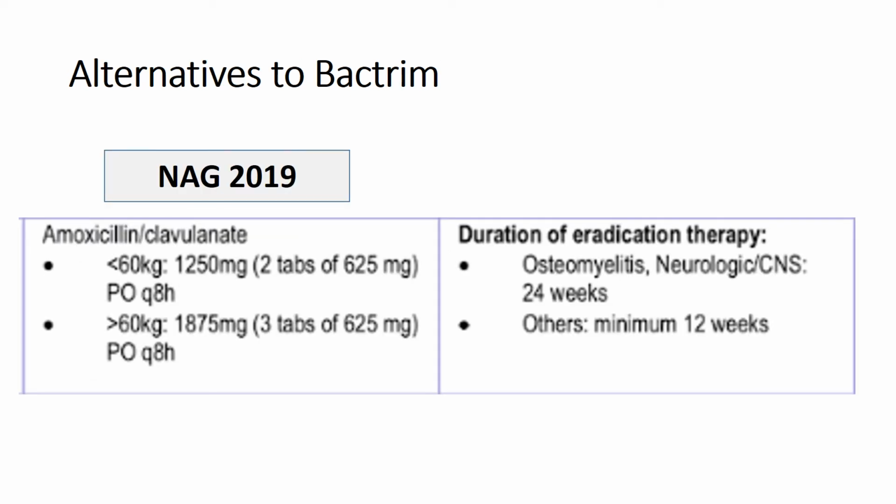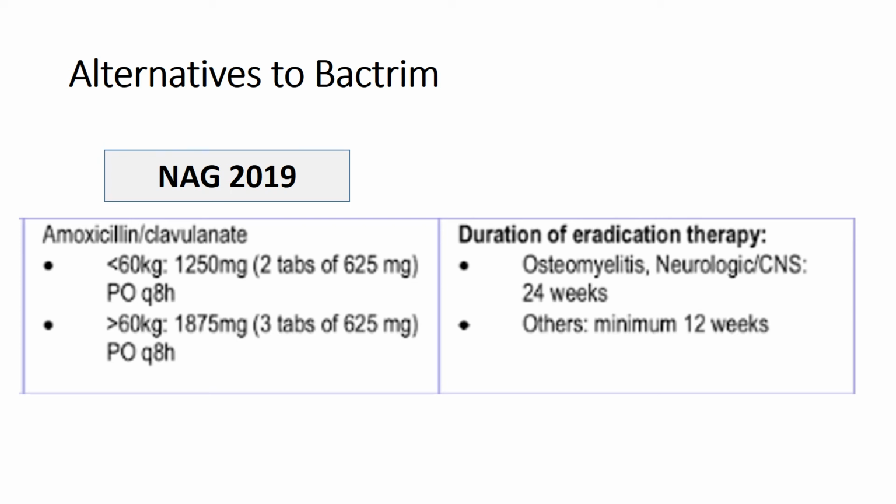Okay, so now the next question that we get asked is, what do we do if the patient is intolerant to Bactrim or has allergy issues? According to our National Antibiotic Guideline 2019, the recommendation is to use amoxicillin clavulanate, but the dose is different from your normal dosing.